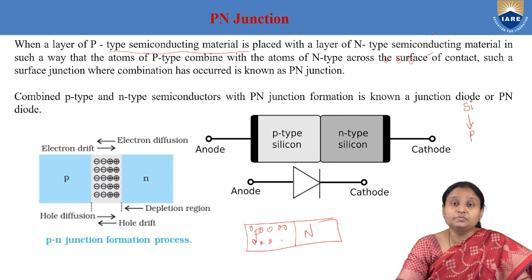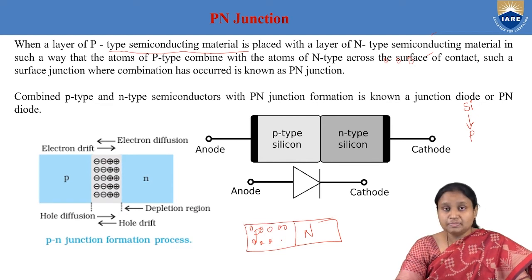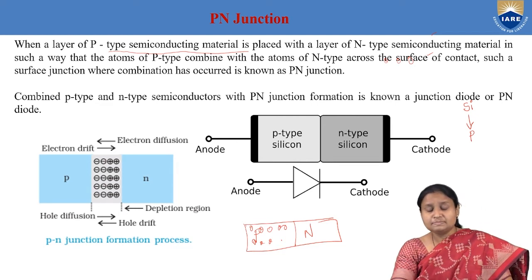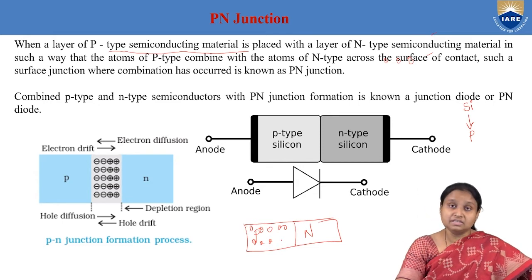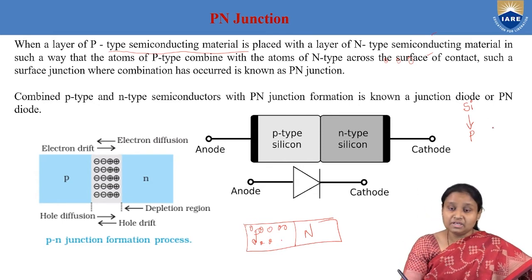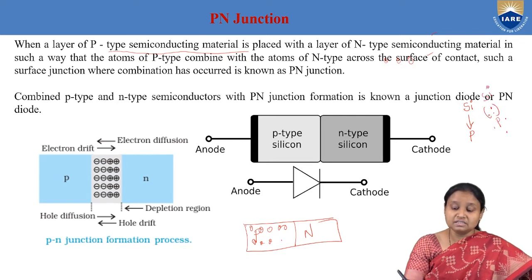Phosphorus belongs to group 5, and these pentavalent impurities have 5 valence electrons. Out of those 5 valence electrons, they'll form 4 covalent bonds with adjacent silicon atoms by sharing their 4 valence electrons.